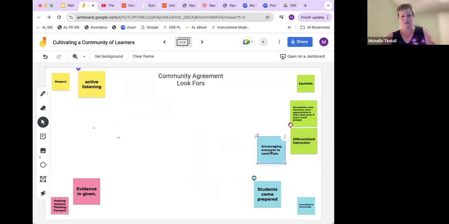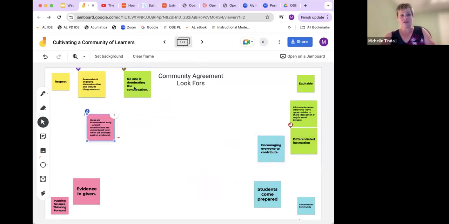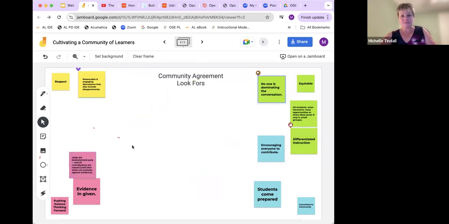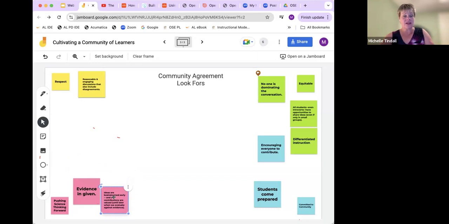I'm going to actually put that one between equitable and committed to the community. Right? No one is dominating the conversation for being equitable. Great. Ideas are brainstormed early and all contributions are valued until later when we evaluate against evidence. Great. So we're pushing our science thinking forward, getting all the ideas out on the table.